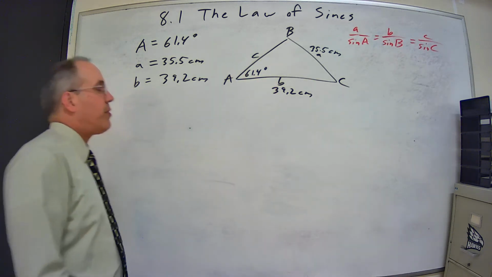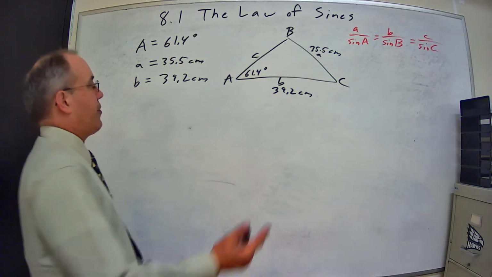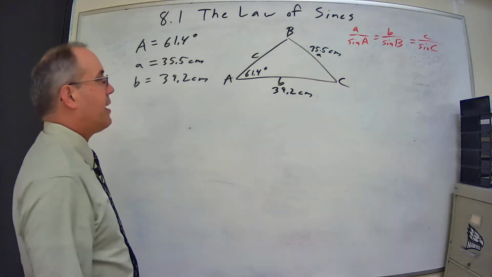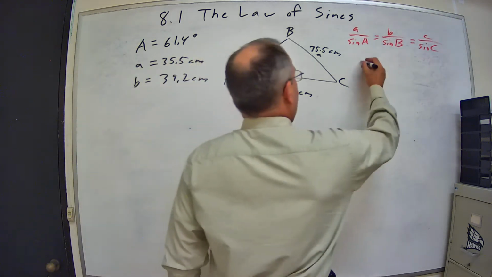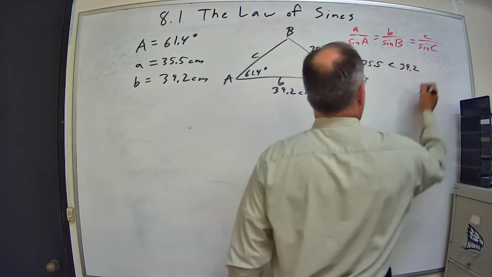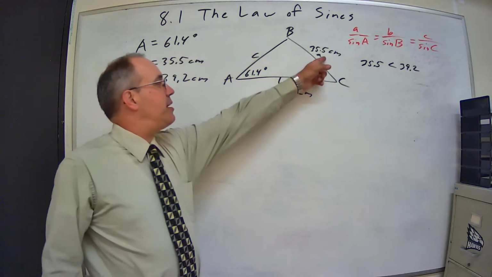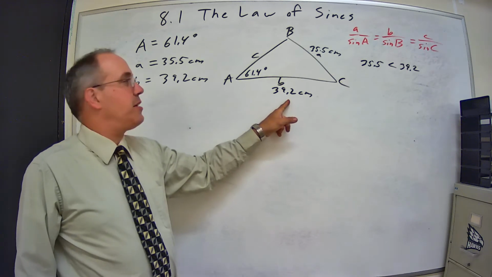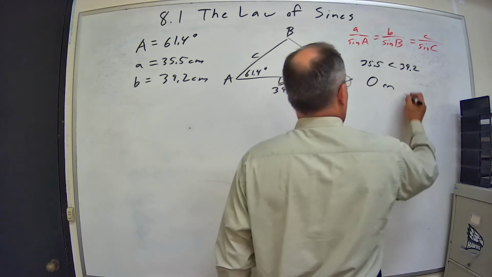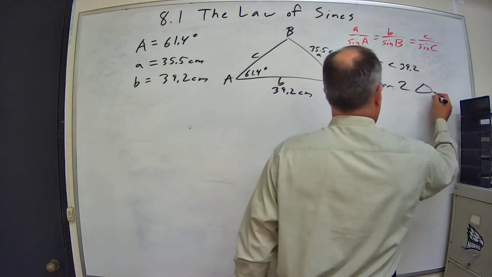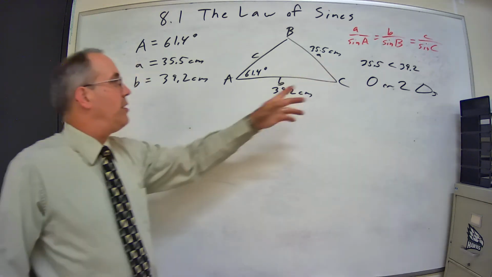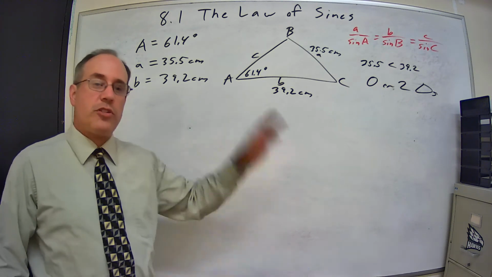Let's compare the side opposite to the side adjacent. And again, we see that 35.5 is less than 39.2. So the side opposite is shorter than the side adjacent to it. Therefore, we're going to have either 0 or 2 triangles. If this side was greater, then we know we'd have one triangle, we just go through the work and get it done.